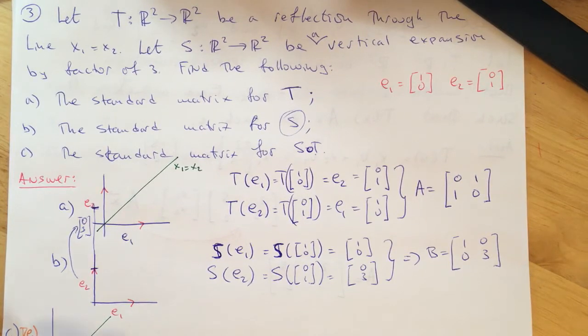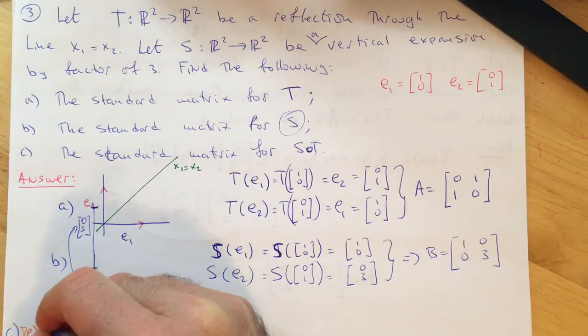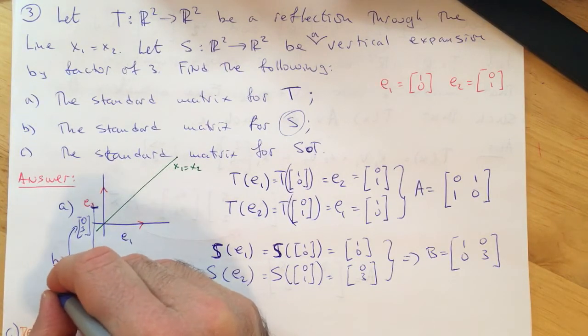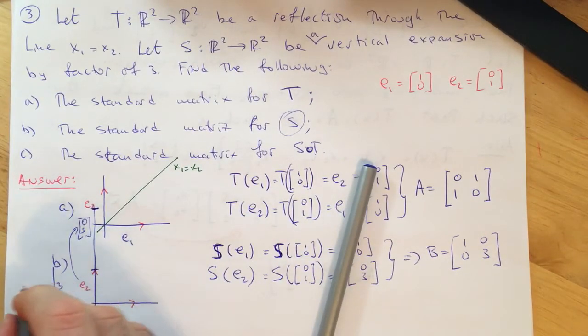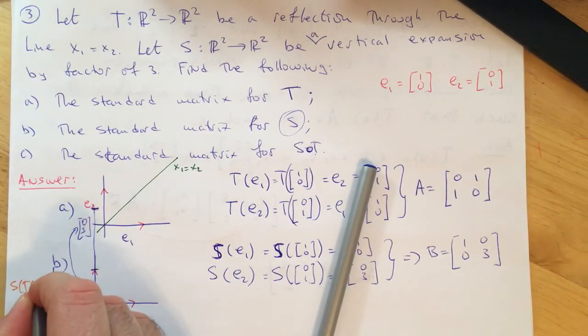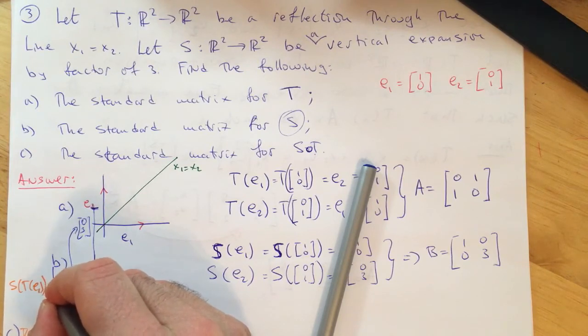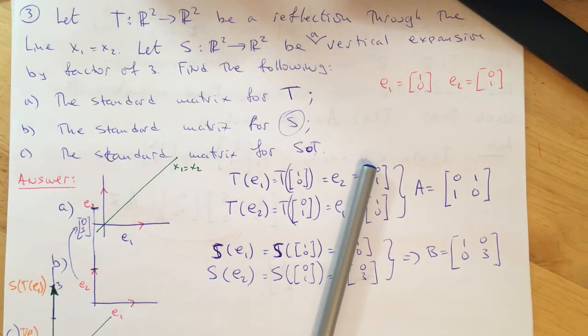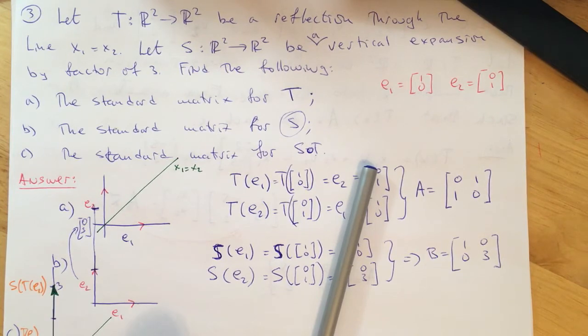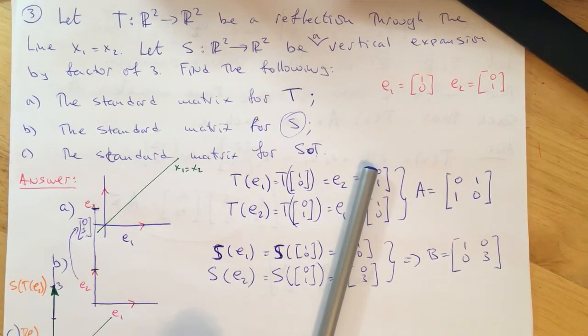Okay, and now to these vectors we apply the transformation S. So this is 1, 2, 3 here. So S of T of E1 becomes this vector, vertical expansion by a factor of 3, and this is not going to move because we don't have vertical expansion, so it's going to be the same as S of T of E2.